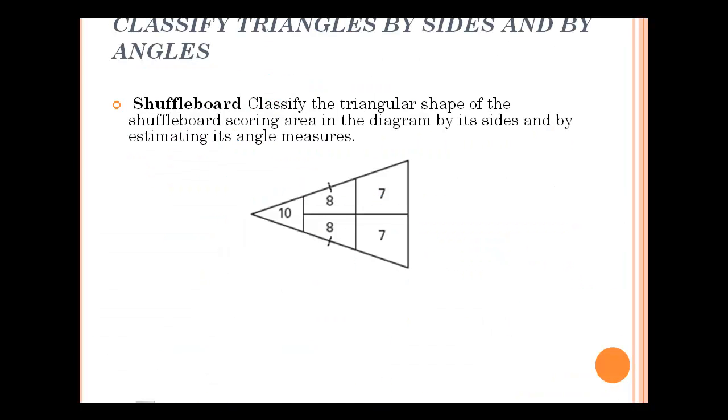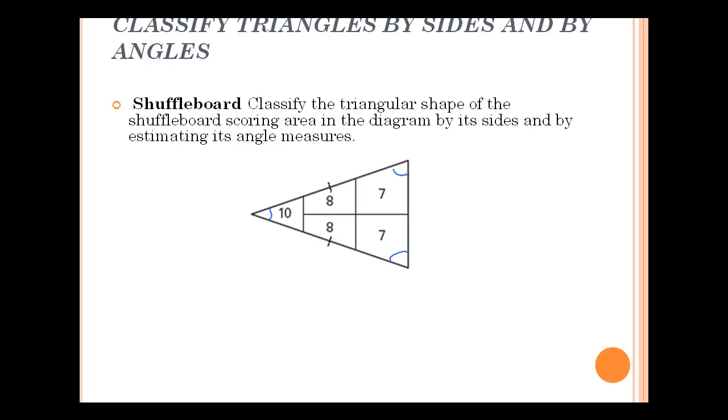Okay, so our example one: classify triangles by side and by the angles. It's a shuffleboard on our screen here. It says classify the triangular shape of the shuffleboard scoring area in the diagram by its sides and by estimating its angle measures. Looking at these angles, they all look less than 90 degrees. They don't look the same, though, but they all look less than 90 degrees.